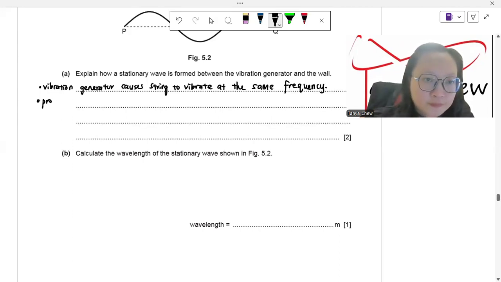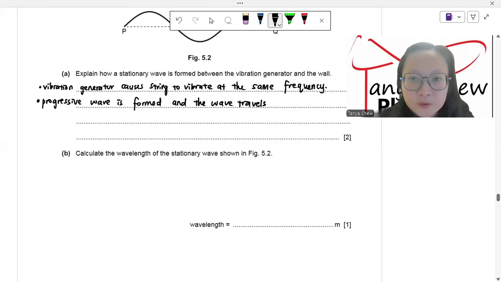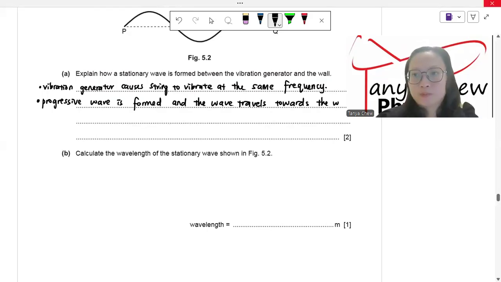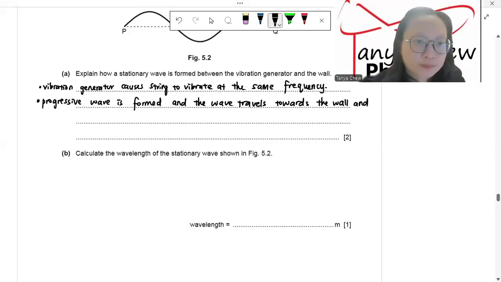Progressive wave is formed and the wave travels towards the wall and being reflected.